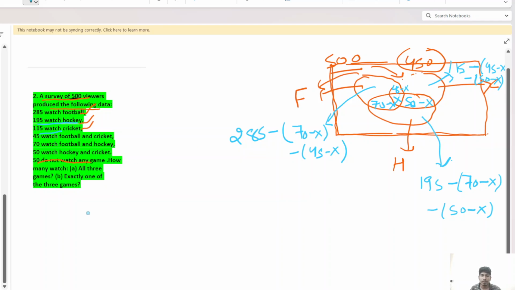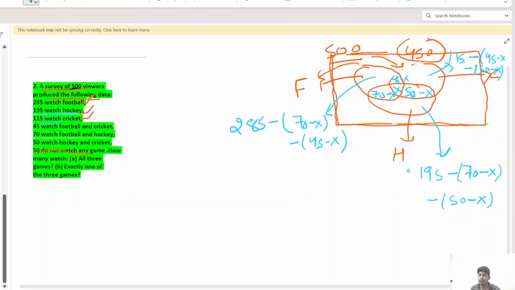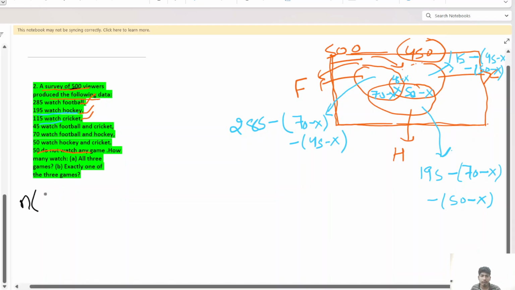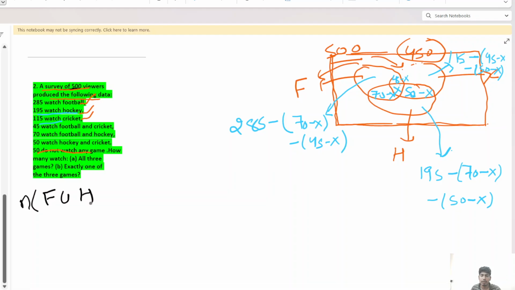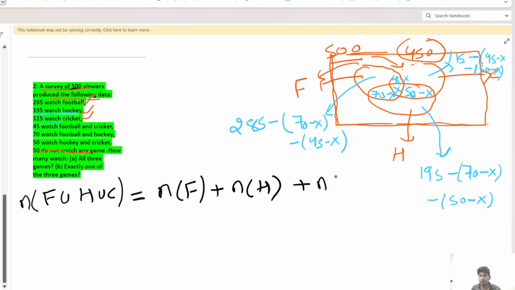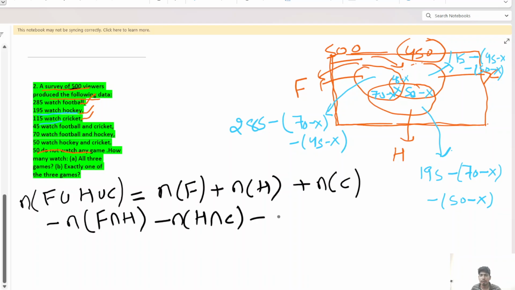We know a formula. Let me write it: n(football union hockey union cricket) equals the number of people who watch football, plus hockey, plus cricket, minus the pairwise intersections, and finally add the intersection of those who watch all the games.